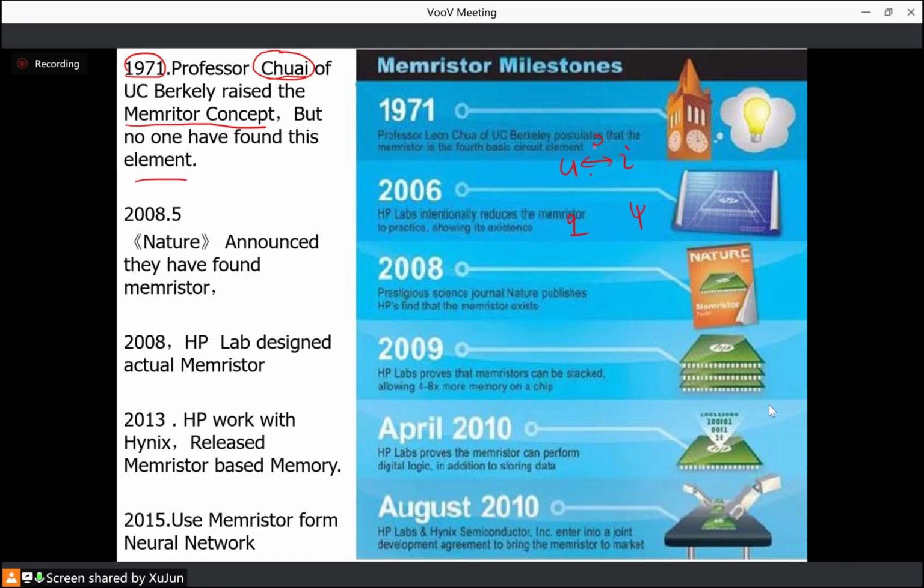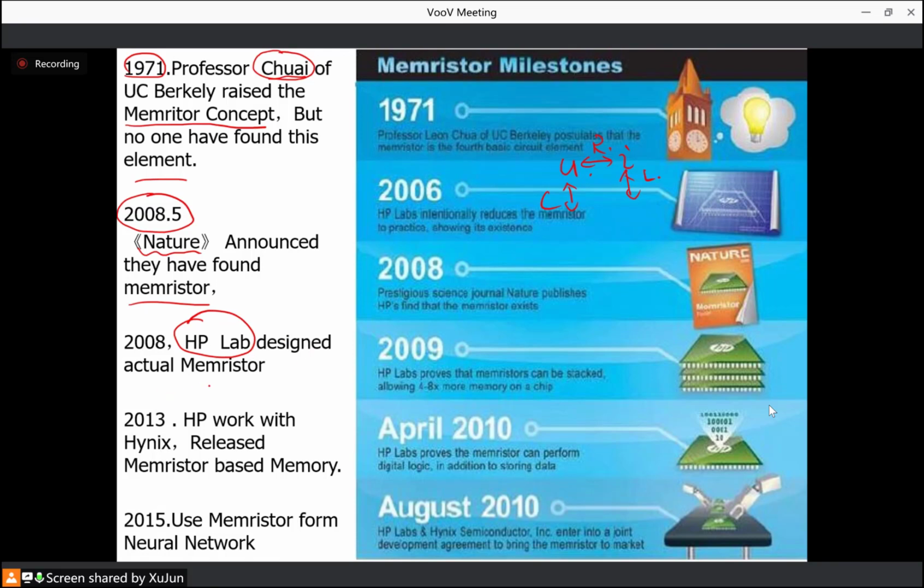U-I is the resistor, this is the capacitor, and this is the inductor. Then he thought why psi and Q can't form a component. So he raised the memristor concept. But no one really found this component. But in 2008, Nature announced they found the memristor.